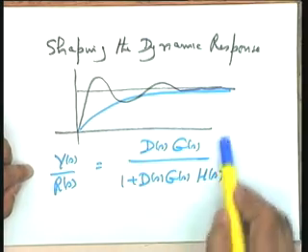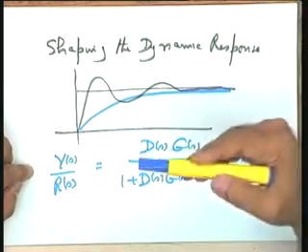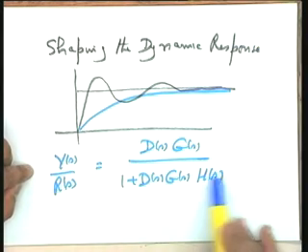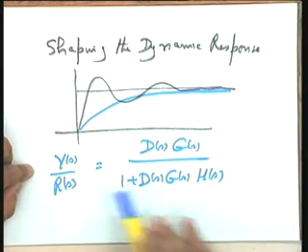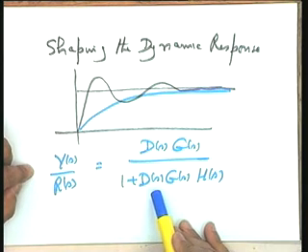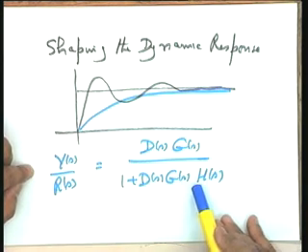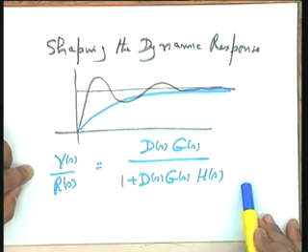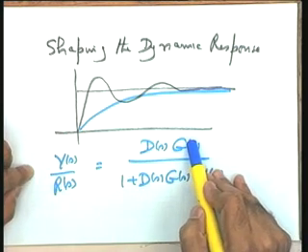As far as the zeros are concerned, they simply affect the magnitude of the various modes of the response, whether the response is oscillatory, whether the response is non-oscillatory, whether it is a first order factor, whether it is a second order response. All this is going to be guided by the poles of the system and not by the zeros. I hope you remember it very well.